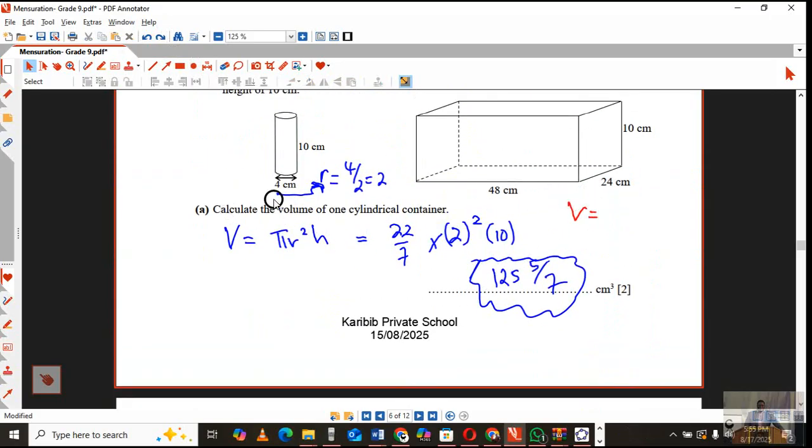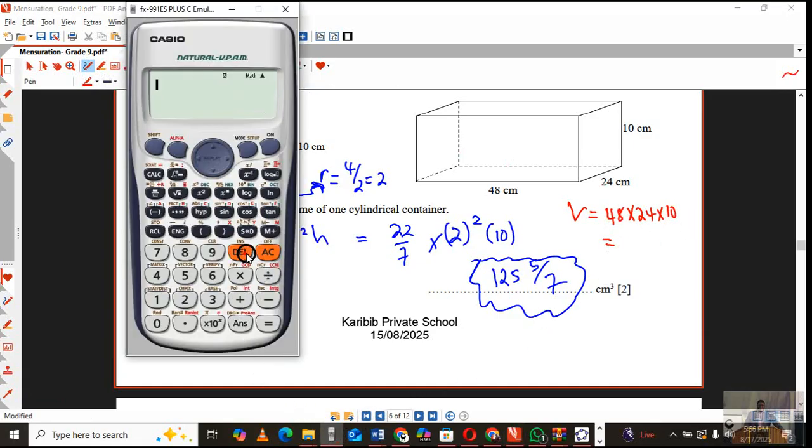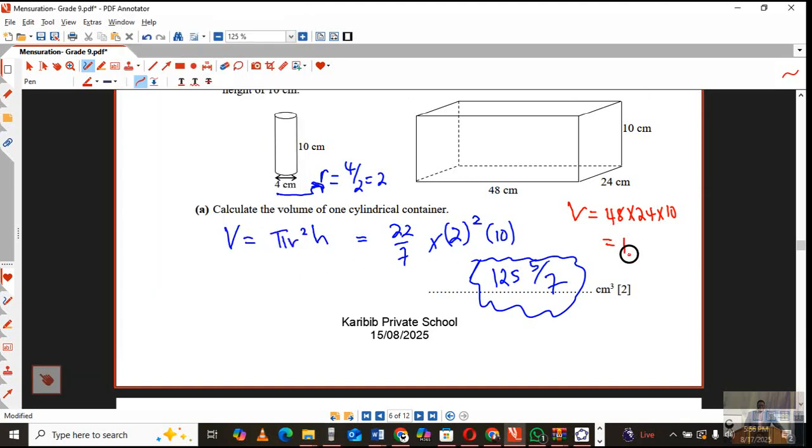The volume is calculated by multiplying the dimensions with each other. So you'll be multiplying 48 centimeters times 24 centimeters times 10 centimeters. Of course, all of this should be in cubic centimeters. So when I say 48 times 24 times 10, that gives me 11,520. Now we know that one cylindrical container has got this.